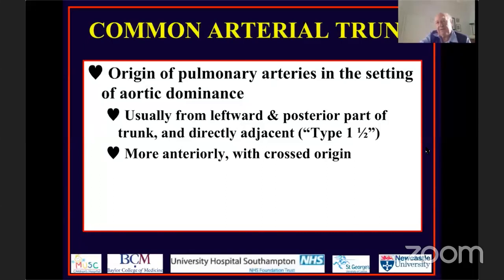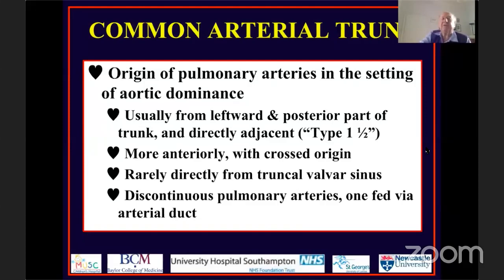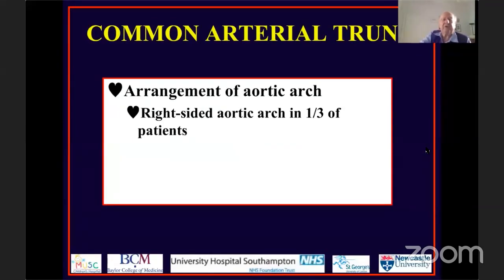I've shown you an example where the pulmonary arteries can arise more anteriorly, taking the crossed origin. On occasion, they can arise directly from a truncal valvar sinus. The pulmonary arteries can also be discontinuous, one of the variants that is emphasized in the alphanumeric classification favored by Dr. Van Praagh. And then one of the pulmonary arteries is fed through the arterial duct.